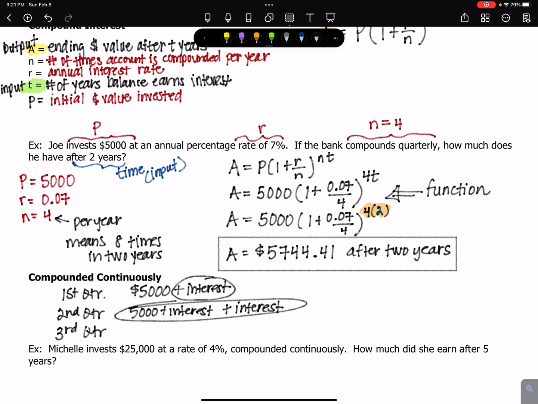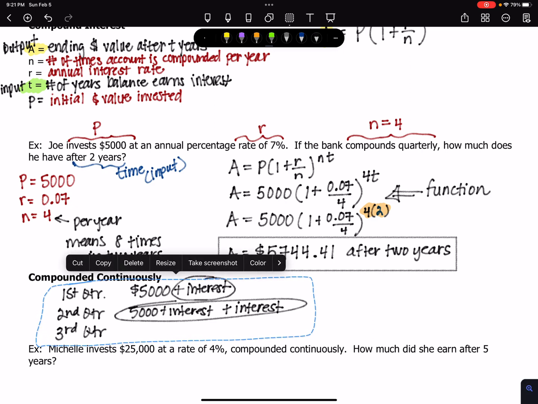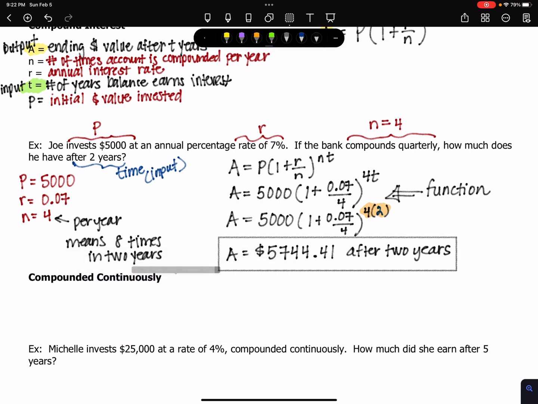Now, continuously means not quarters, but continuously means all the time. Not daily, continuously. Daily, let's talk about that first. Monthly, N would equal 12. Daily, N would equal 365.